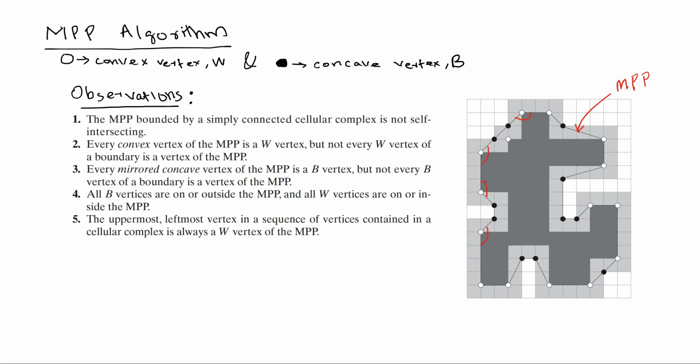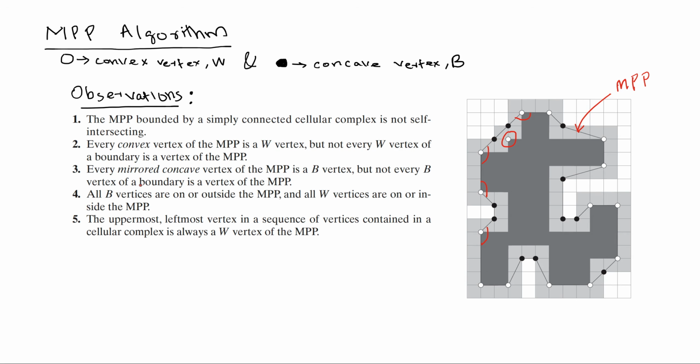All these convex vertices are W vertices, but you can also see that not all W vertices are part of the MPP. So this is a W vertex, but this is not a part of the MPP.